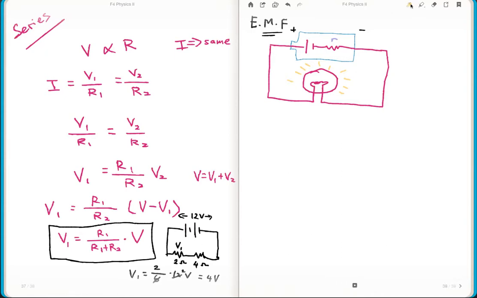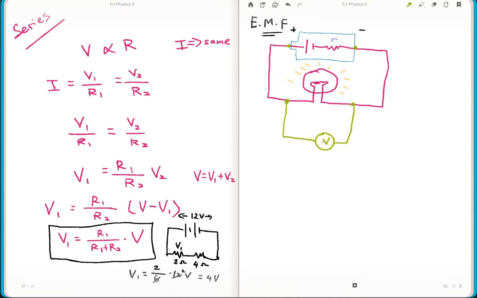If you were to attach a voltmeter, which is supposed to be in parallel, you get the voltage drop, or the potential difference, from this point to this point, and this voltage has a name.